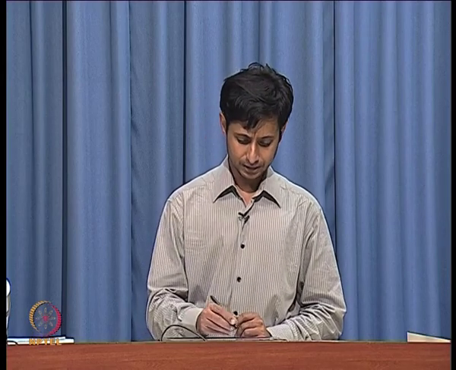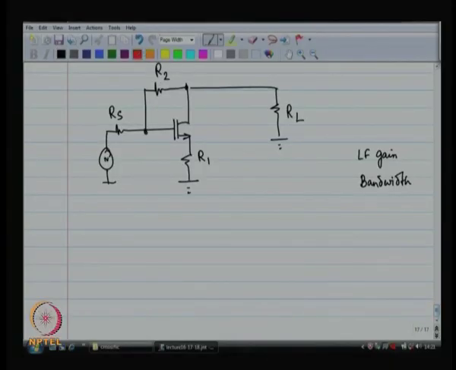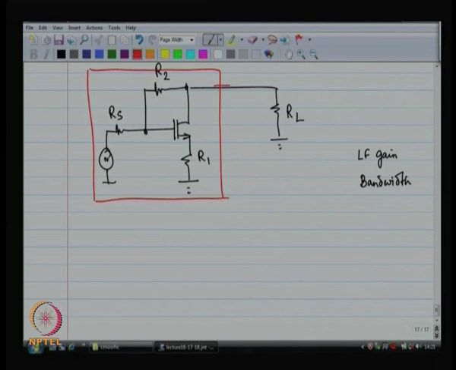How do you find out the gain of a circuit? You use the Norton equivalent model, right. You want to model your circuit, this is my circuit, as a current source in shunt with an output resistance.